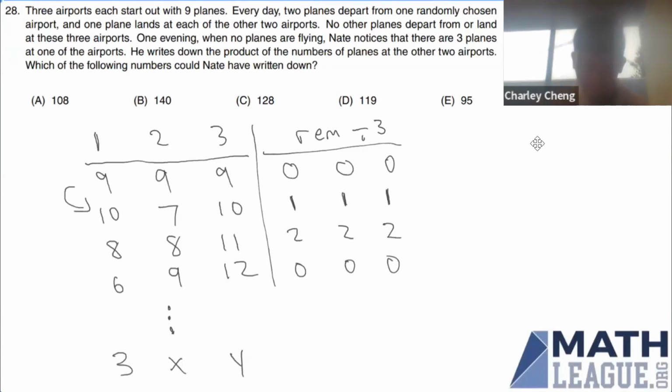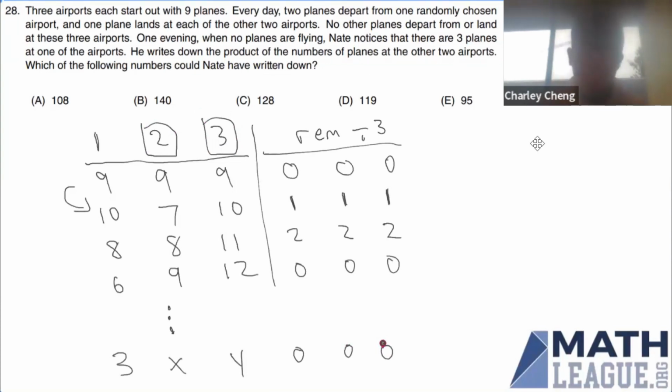However, we know that the remainder of the first airport is 0. And based on this invariant, the fact that we showed all the airports have the same remainder, we know that airport 2 and airport 3 also have a remainder of 0 when divided by 3.